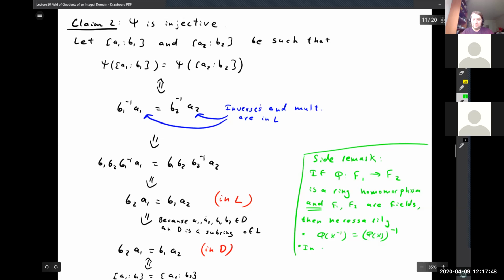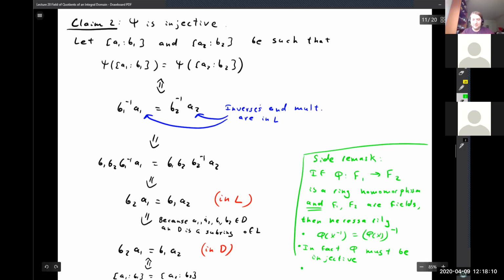And in fact, phi must be injective. That's because if it has a kernel, then it will never satisfy the ring homomorphism property.